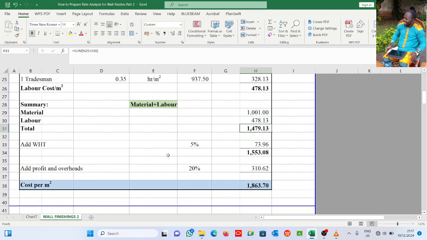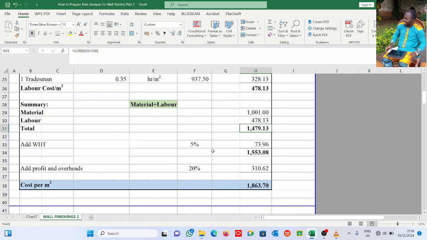Now let me clarify something on withholding tax again. Withholding tax is only applicable to registered companies. I'll say it again, it's only applicable to registered companies. Not for an individual working for an individual. Both of them not registered, please, you don't need to add withholding tax.